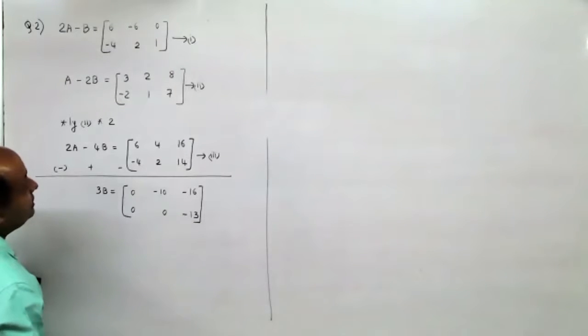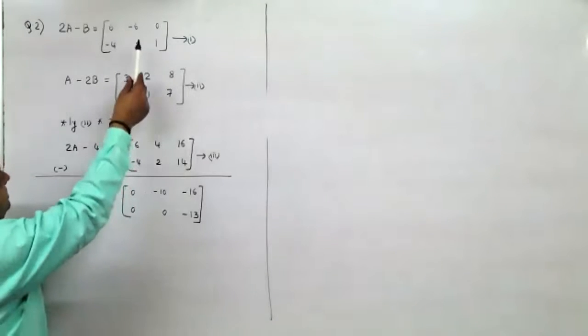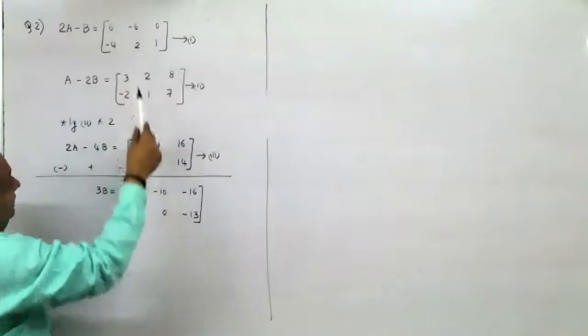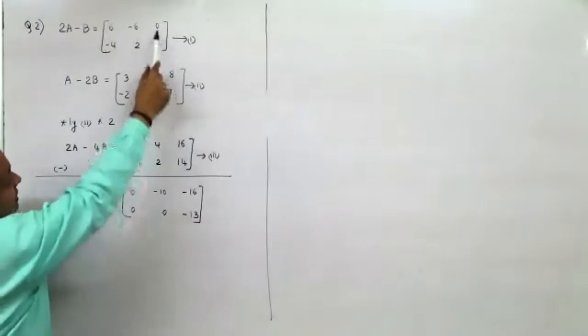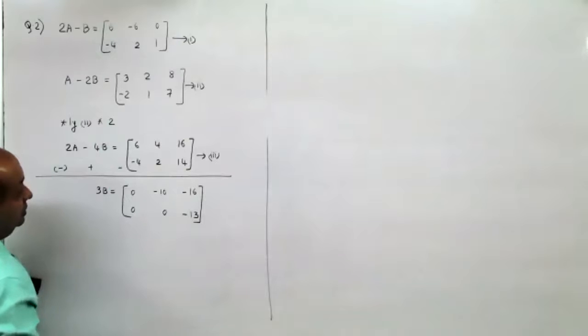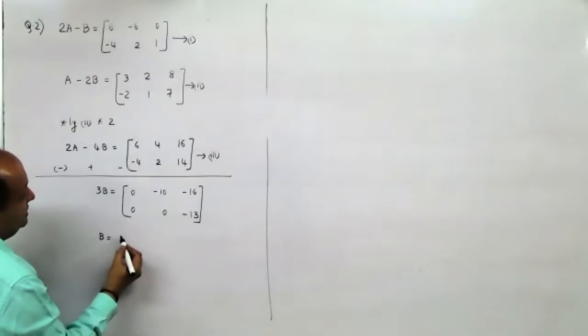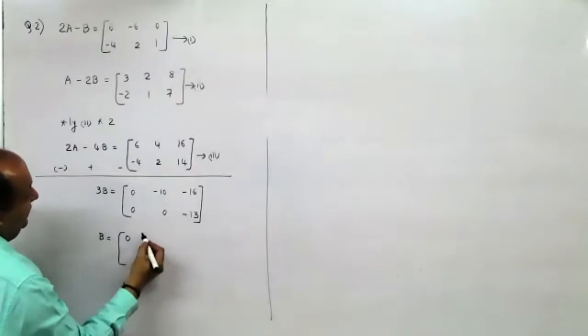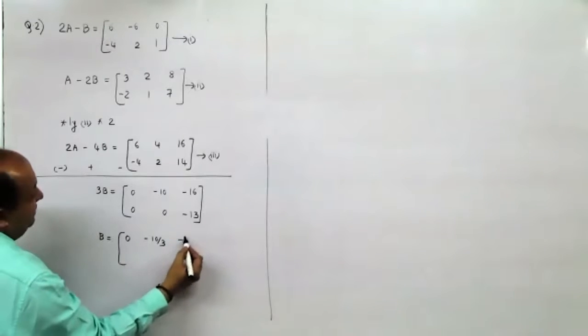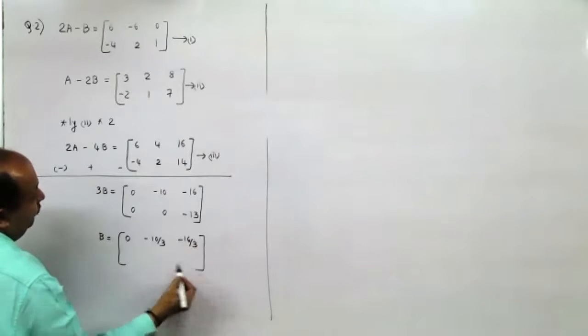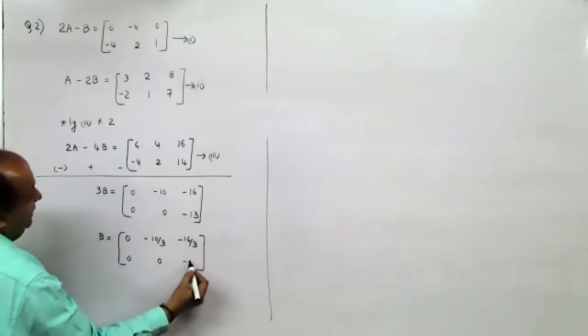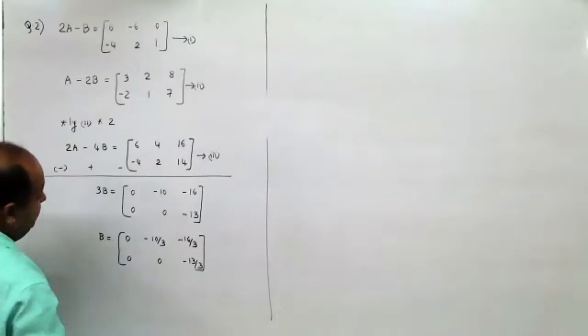What is plus 10? Minus 6 minus 4 is minus 10. 0 minus 16. So b is 0 by 3, minus 10 by 3, minus 16 by 3, 0 by 3, 0 by 3, and minus 13 by 3.